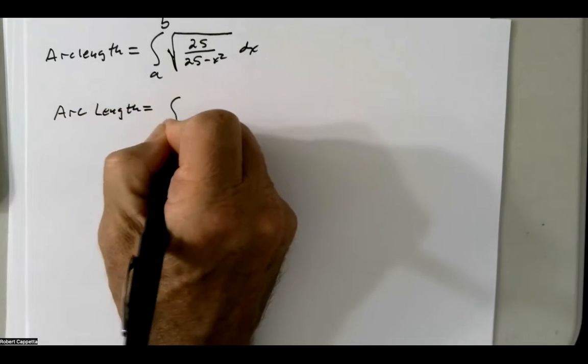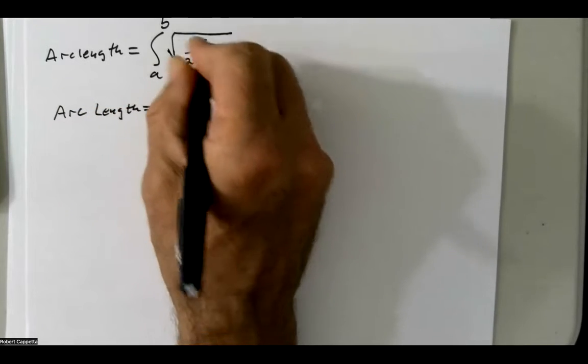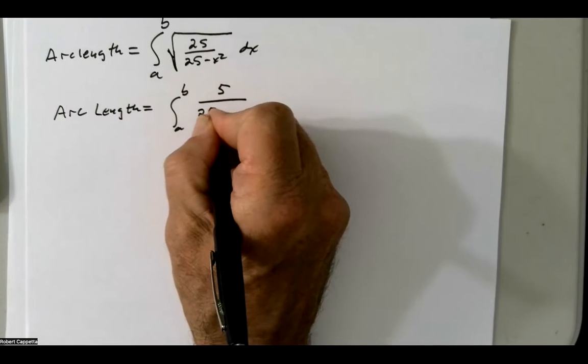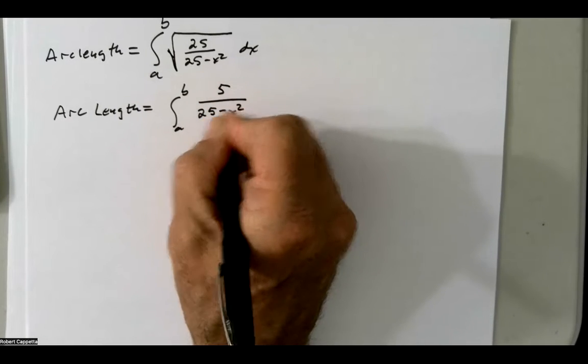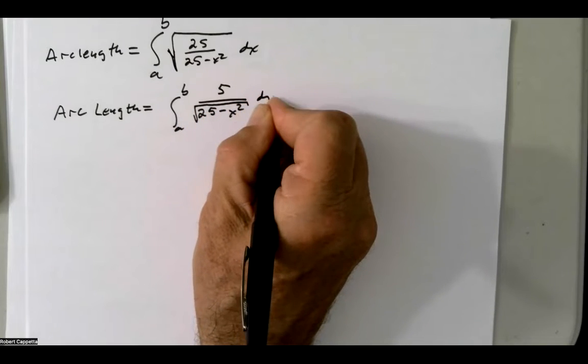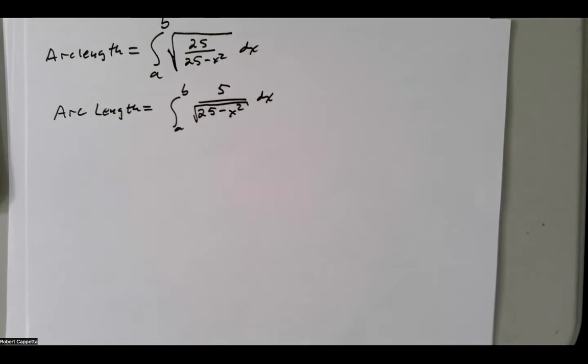The arc length is the integral from a to b of the square root of 25 over (25 minus x squared) dx, where root 25 is 5. So we have that portion, we have the L portion, kind of.